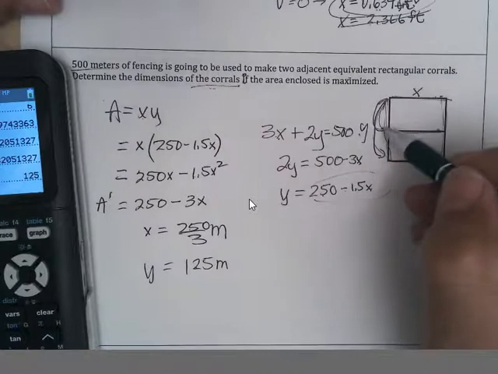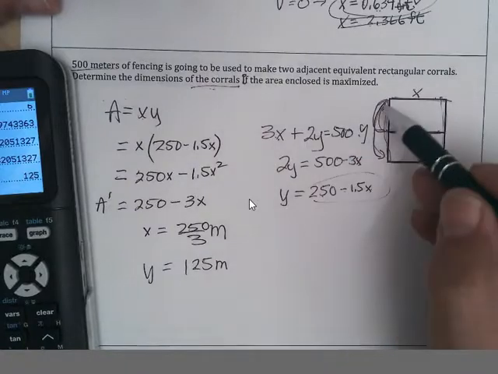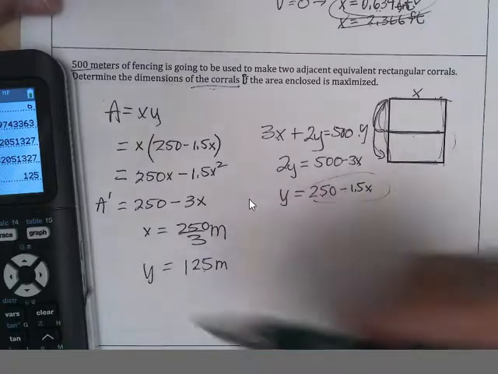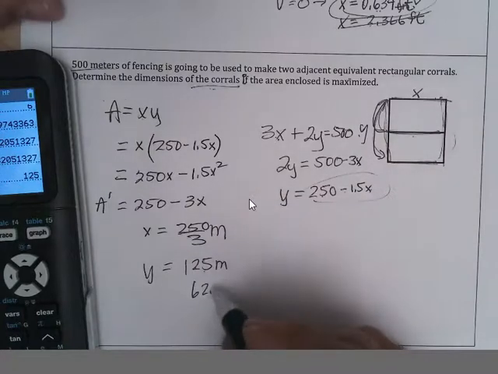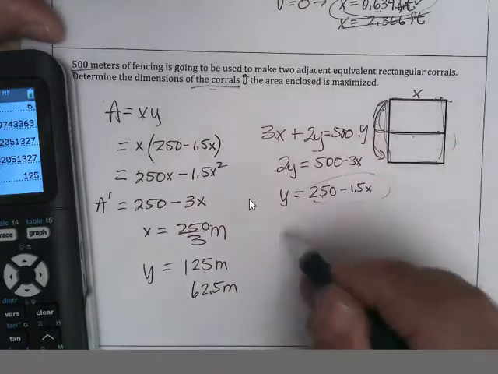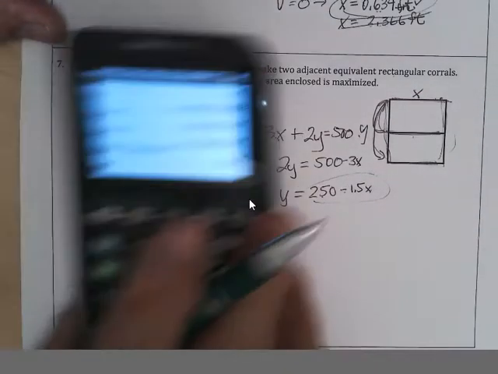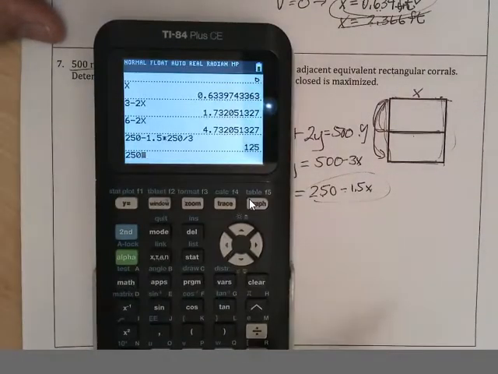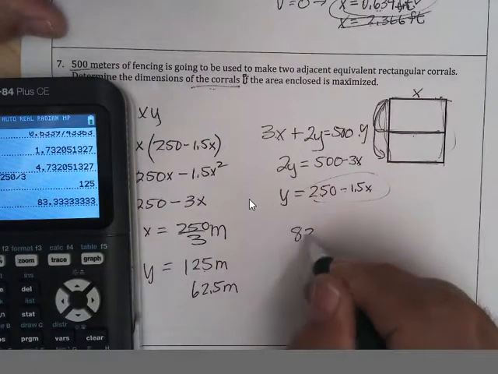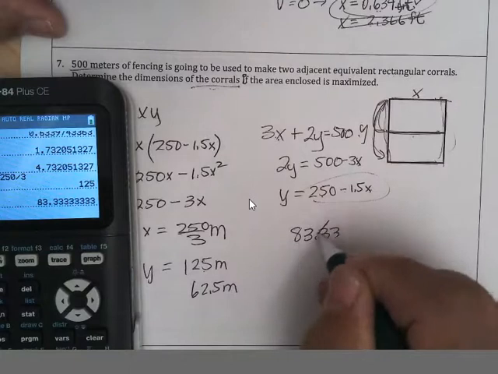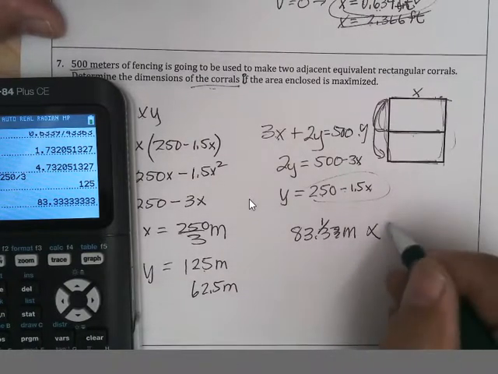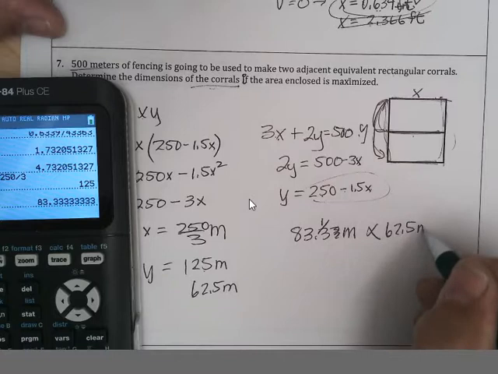Now if I set y to be here, then there would be 4y in this equation, and y would come out to be half of that, which is 62.5 meters. So the dimensions of one corral is 250 divided by 3, which is 83.33, 83 1/3, let's do it that way, meters by 62.5 meters.